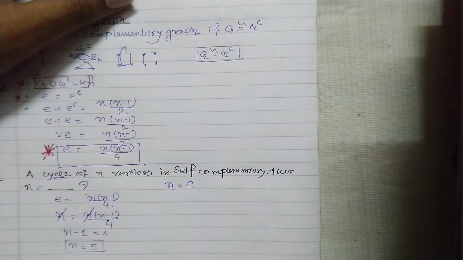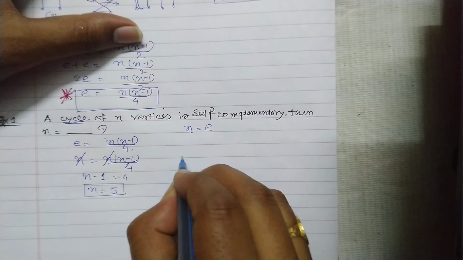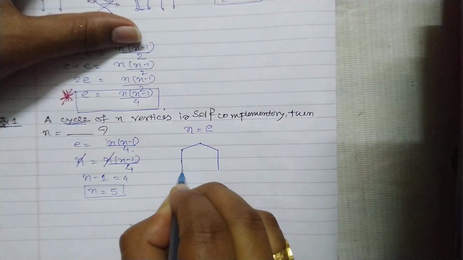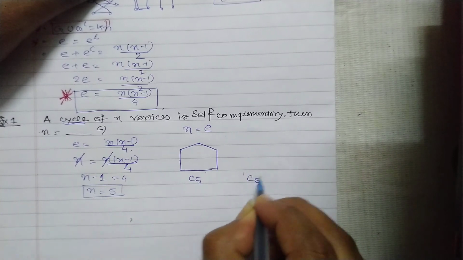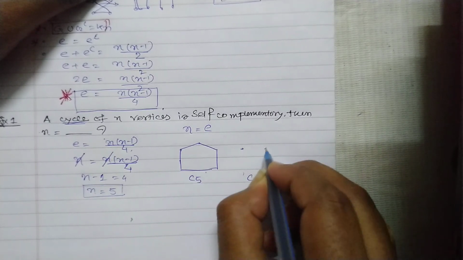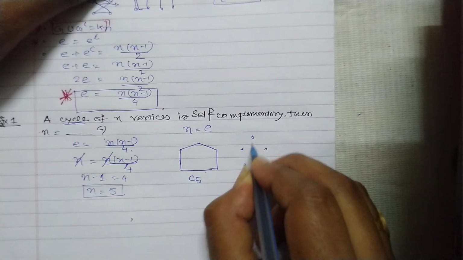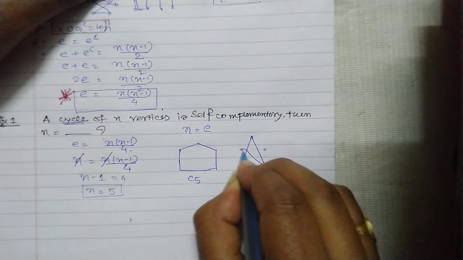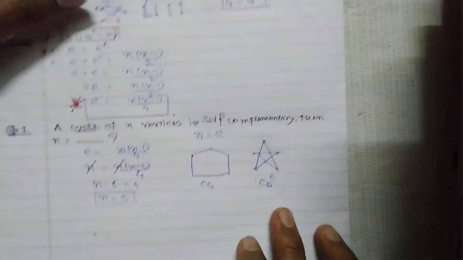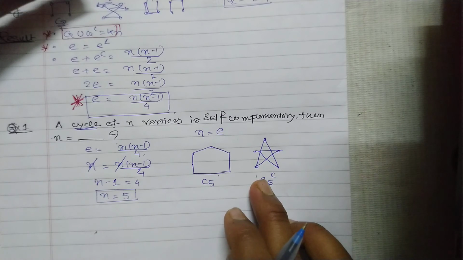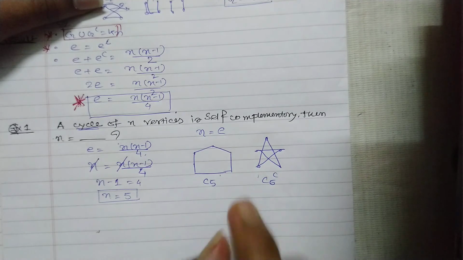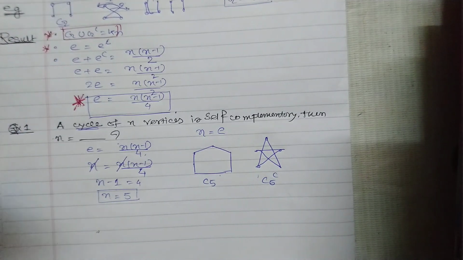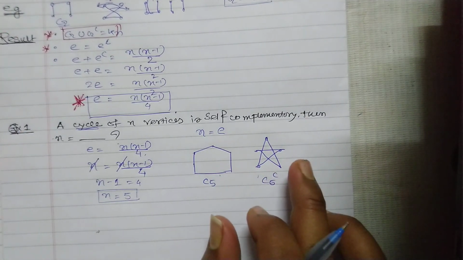I can verify your answer also. What is the complement of C5? This will look like a star graph. We have discussed this also, and you can see that this is isomorphic to this. This is the same graph, just drawn differently. You can verify at home that these two are isomorphic to each other.